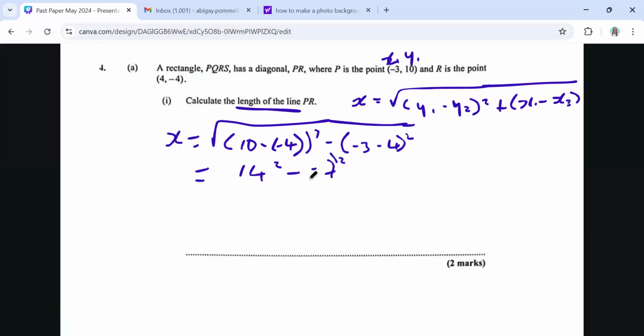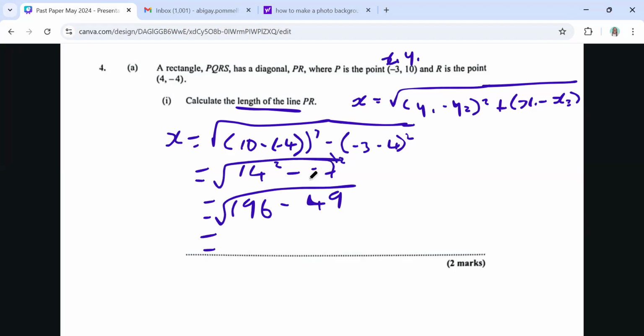And that is squared. And we know that 14 squared is 196, subtract 49. So let's add that. Can't forget our square root.